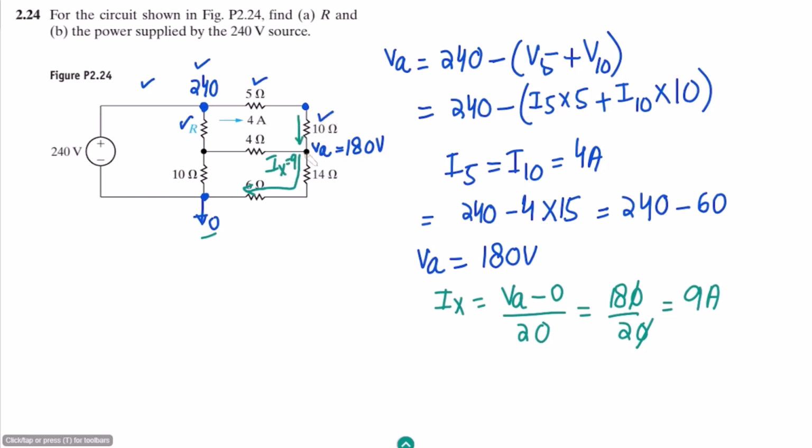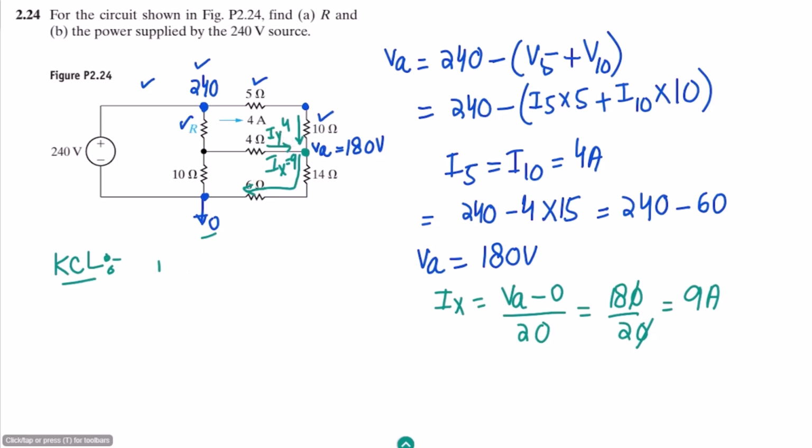The current which is coming towards this node is 4 amps, and this one is 9 amps, so this is also the current which is coming towards this node as well. If we apply the KCL here, let me call this current IY.